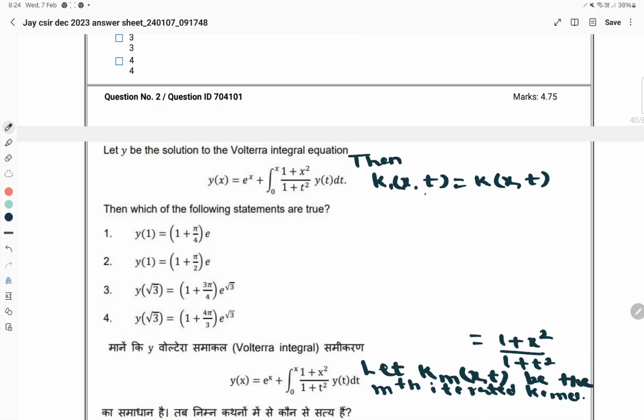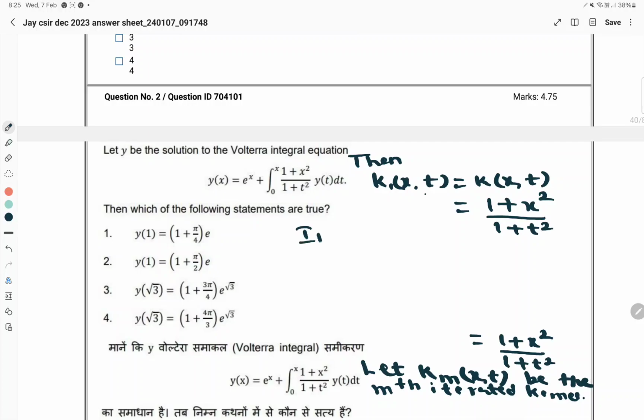I am going to solve this Volterra integral equation with the help of the resolvent kernel. That's why I am using k m of x comma t as the iterated kernel. K of x comma t is nothing but 1 plus x square by 1 plus t square.